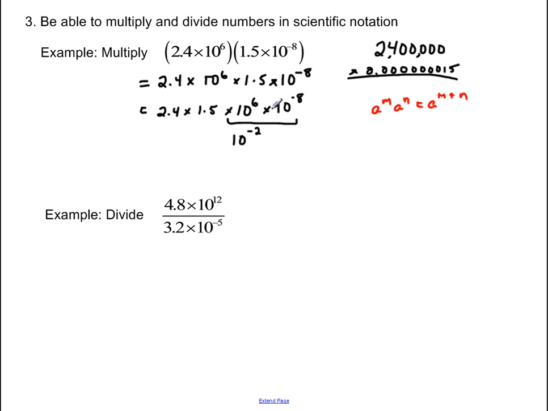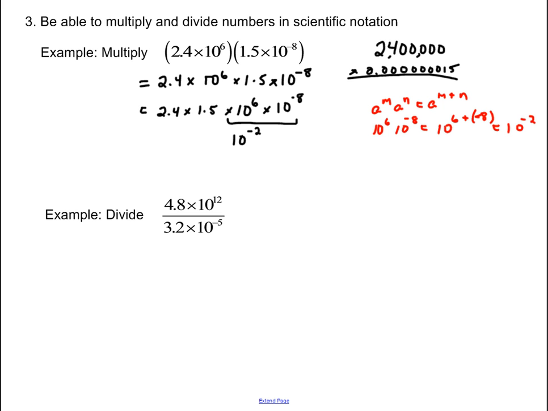We don't multiply the 10s together. We just take that base as a and we add our exponents together. So this is really like saying 10 to the 6th times 10 to the negative 8th is 10 to the 6 plus negative 8, right? Pretty cool. All we have to do is just add those two exponents together and we've got it.